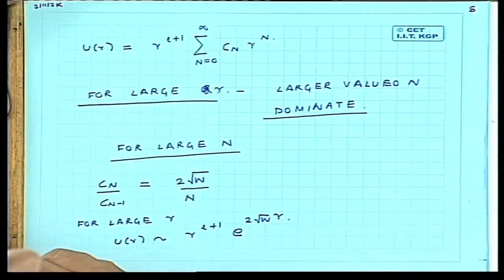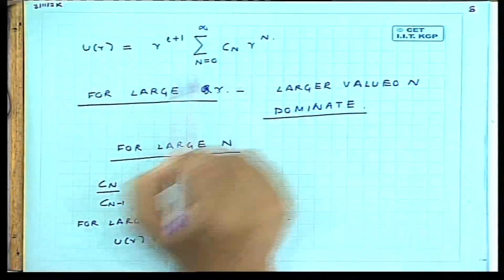In the last class, we were looking at the radial part of the Schrodinger equation for the hydrogen atom, and we were searching for solutions for the radial part of the wave function in terms of a series expansion of this form.